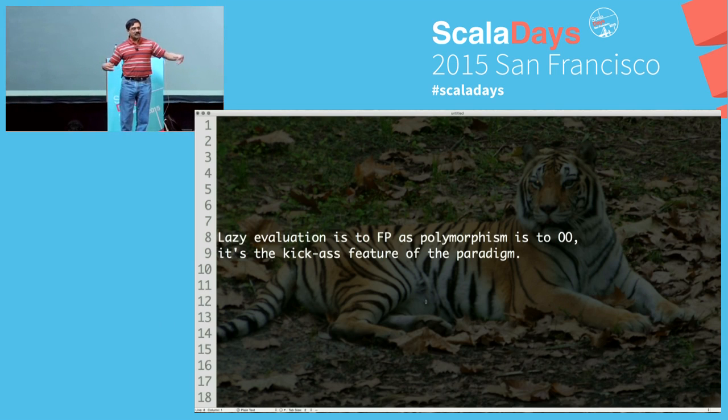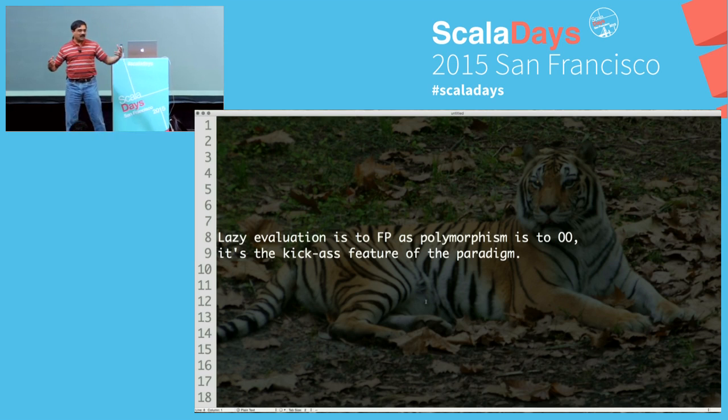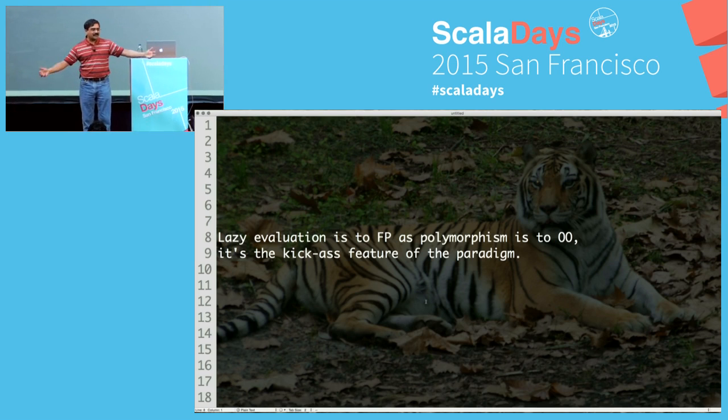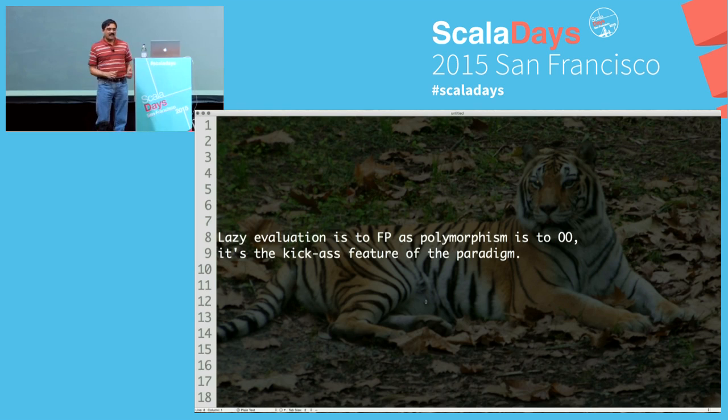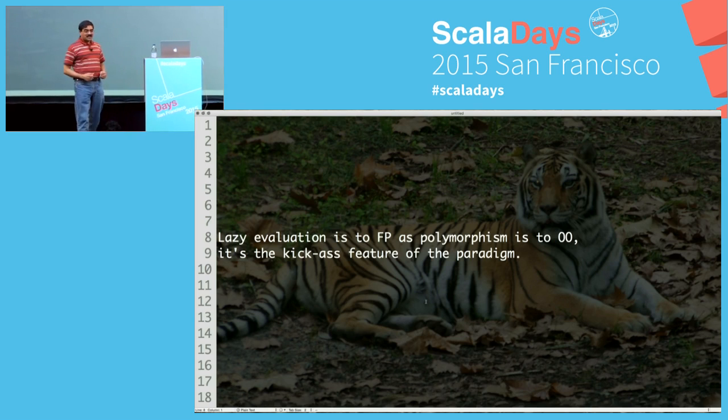These are all different tools, and much like you're using polymorphism in OO, but you're using it for very many different types of patterns. In the same way, I think once we get a hang of laziness, tail call optimization is just my effort to give one example of where this is laziness, but I'm sure we can come up with 100 examples of that, and you just did, for example.